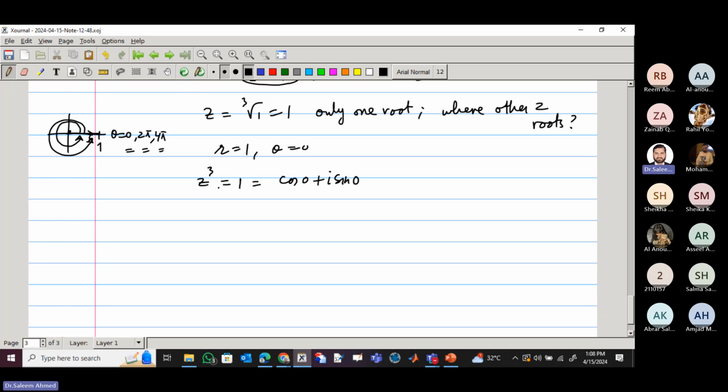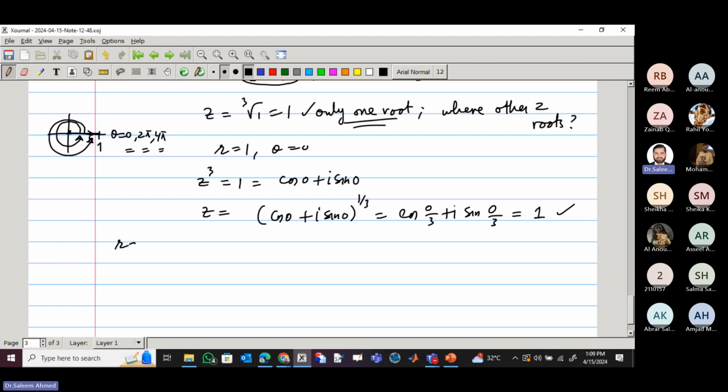Now if you take the cube root, it becomes cos 0 plus iota sine 0 to the power 1 over 3. The 1 over 3 goes inside, so cos 0 by 3 plus iota sine 0 by 3. But cos 0 is 1 and sine 0 is 0. So that is 1. This is the same root that I got, right? So see, the real root is there.